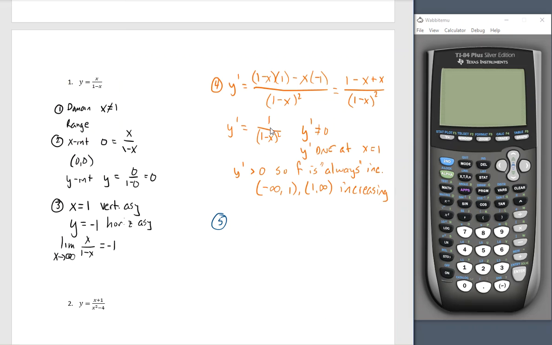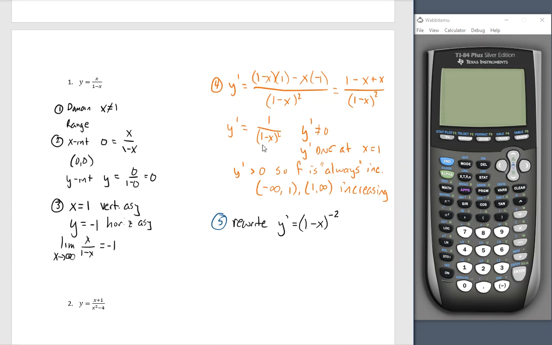Second derivative, right? Derivative of the first. So we take low square. This is so not how I would do it. All right, here's how I would do it. I would rewrite y prime as 1 minus x to the -2.